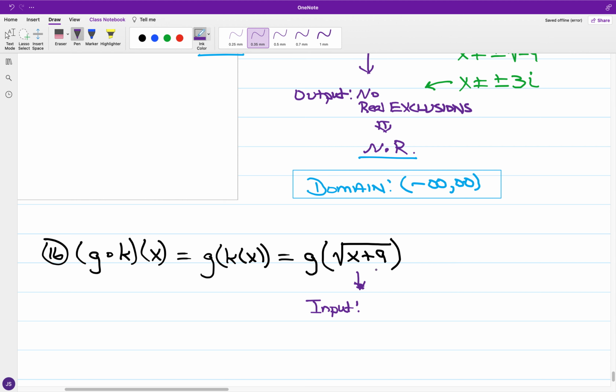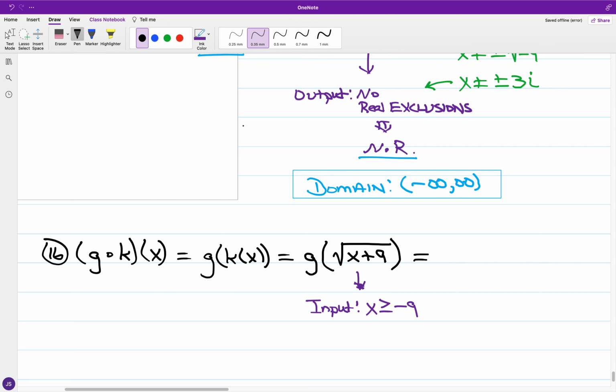Now x plus 9 has to be greater than or equal to 0. So that means for the input, the restriction is that x is greater than or equal to -9 to keep this even root radical expression defined.